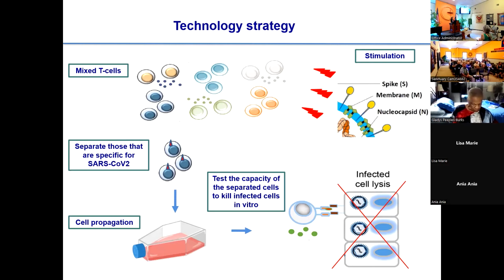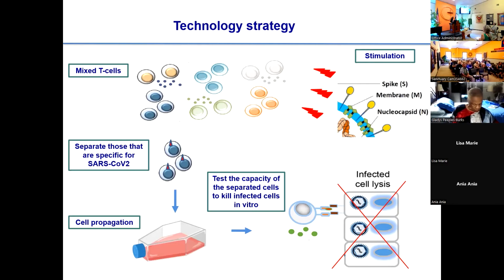When you stimulate those cells, the cells produce a molecule that you can detect. Through the recognition of that molecule, you can separate the population of cells that are activated against this specific stimulus and are specific for coronavirus.